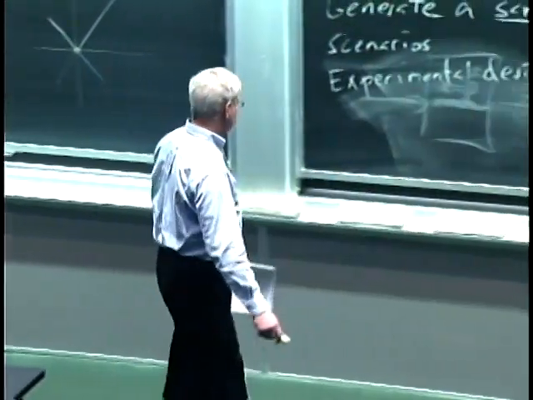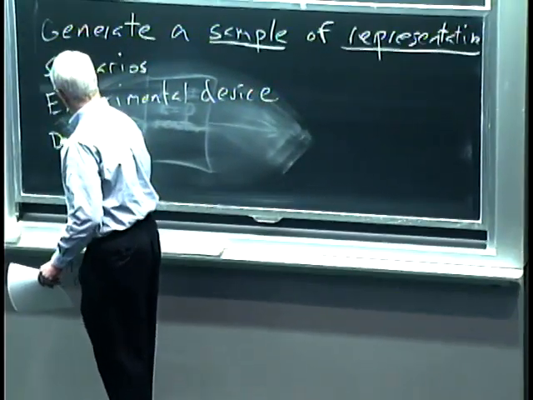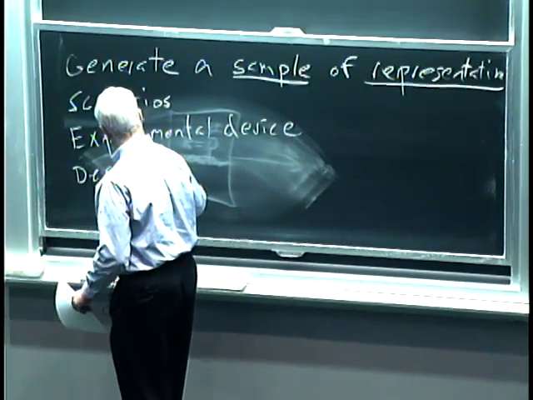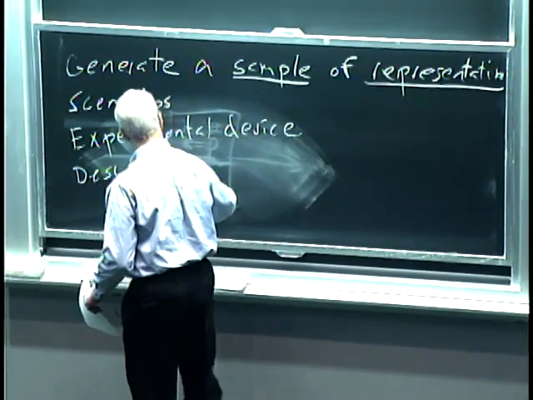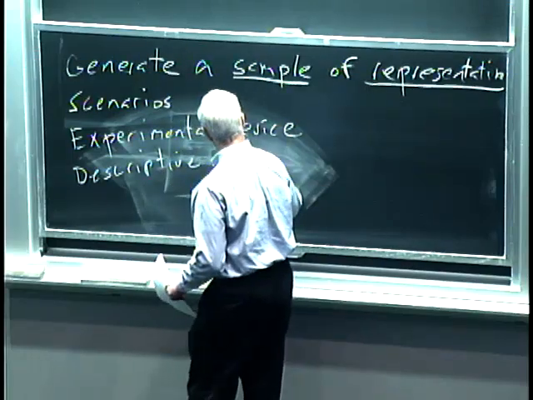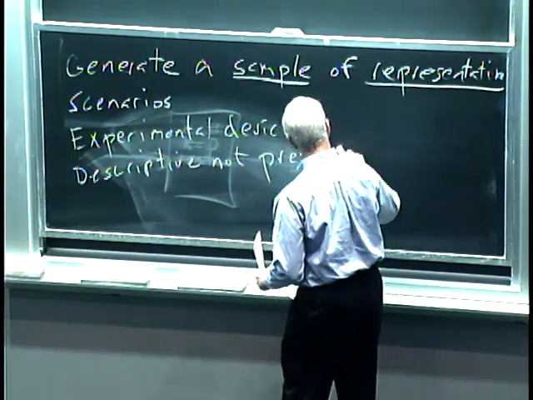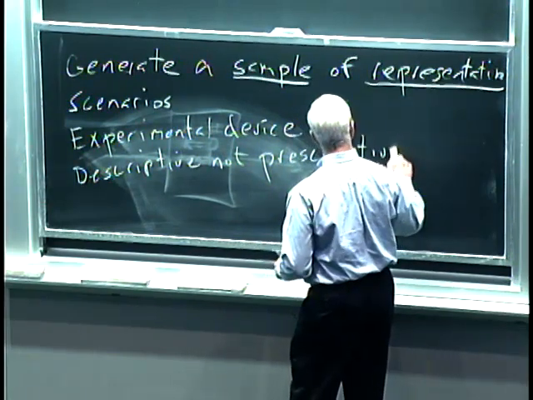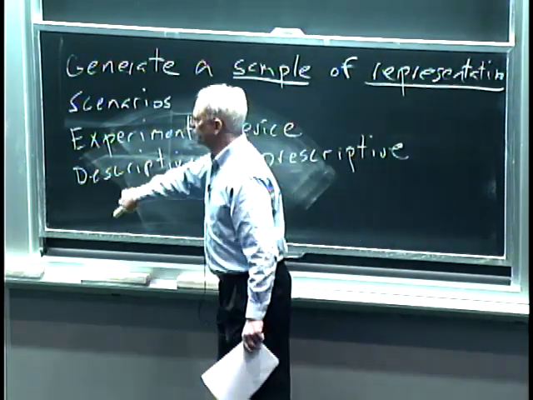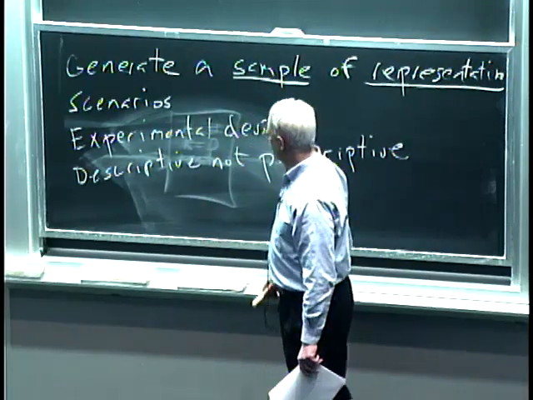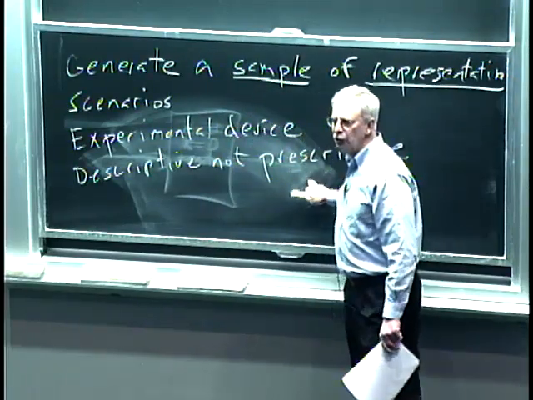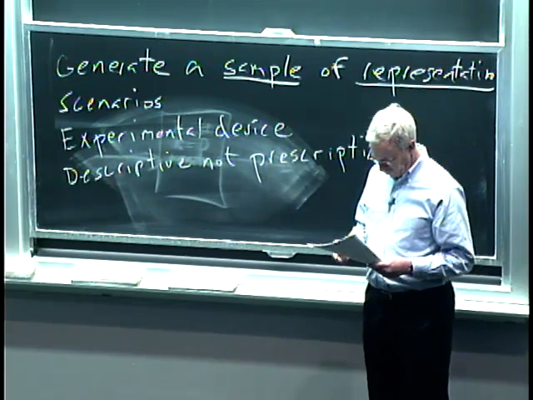As we look at simulations, I want you to keep in mind that they are typically descriptive, not prescriptive. By that I mean they describe a situation. They don't tell you what the answer is.